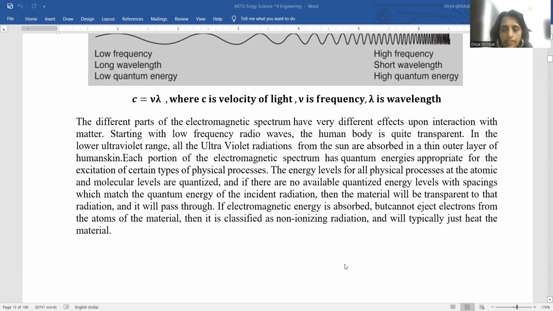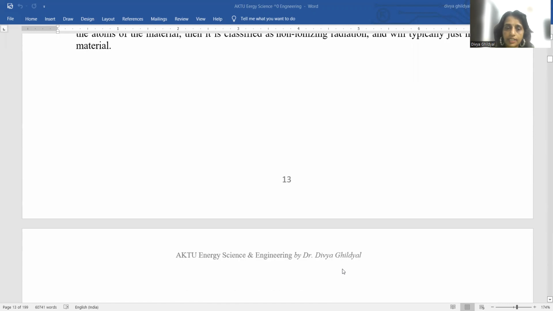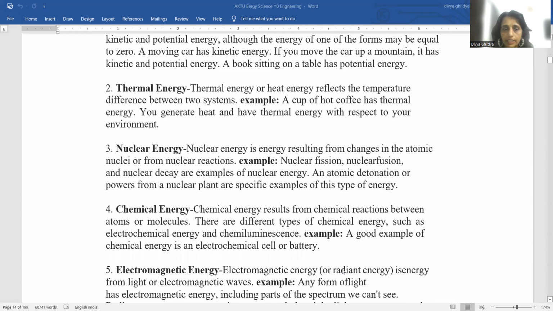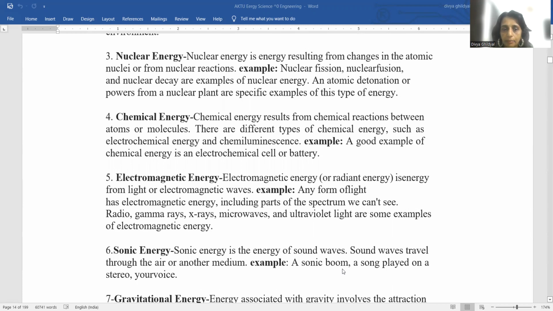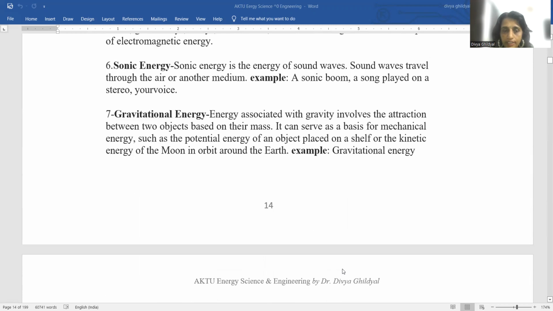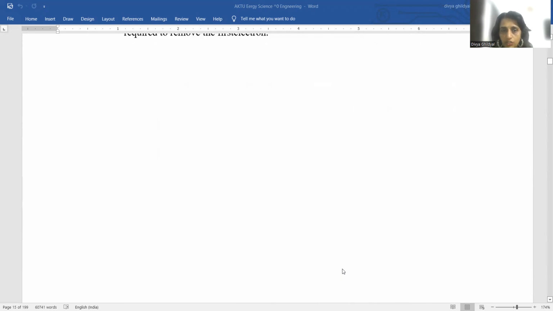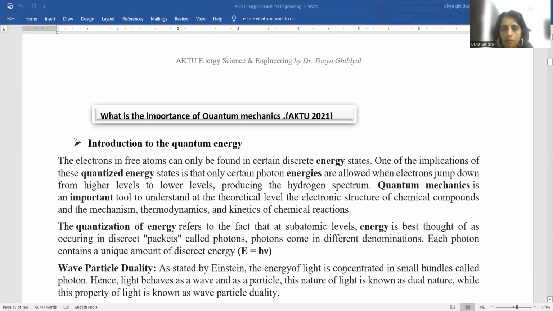If electromagnetic energy is absorbed but cannot eject electrons from the atoms of the material, then it is classified as non-ionizing radiation, and it will just heat that material. So what are the different forms of energy which you are going to write for your 10-mark answer? Mechanical energy, thermal energy, nuclear energy, chemical energy, electromagnetic energy, gravitational energy, kinetic energy, potential energy, whichever you remember.